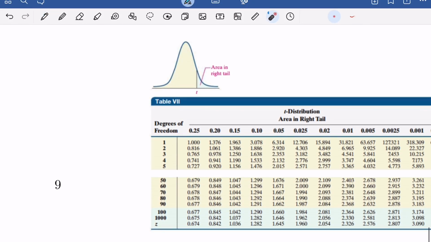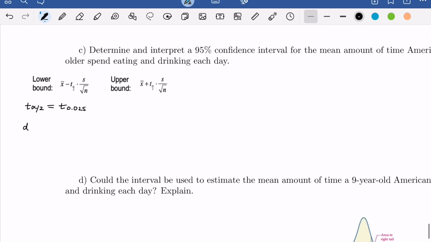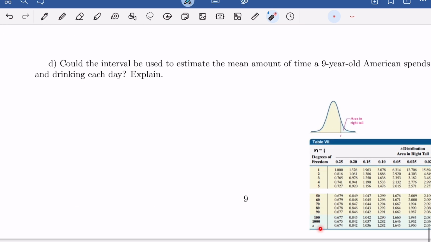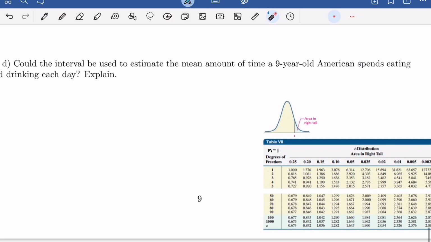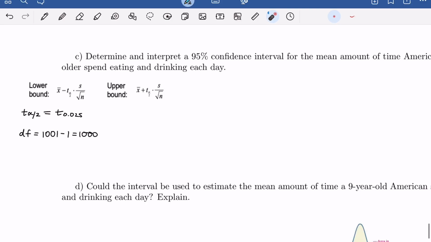So for the t-distribution, we're looking at the area in our right tail, and we're going to do so with the degrees of freedom. Now, the degrees of freedom are just going to be n minus 1. So for this example, our degrees of freedom, which I'm going to abbreviate as df, is just going to be our sample size minus 1. So we're going to have 1,000. So what we need to do is look at the degrees of freedom column, find our n minus 1, which is 1,000, and then look at the area here in our right tail given by this alpha over 2 value.